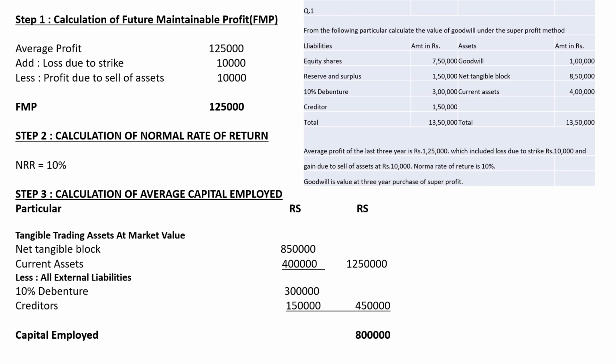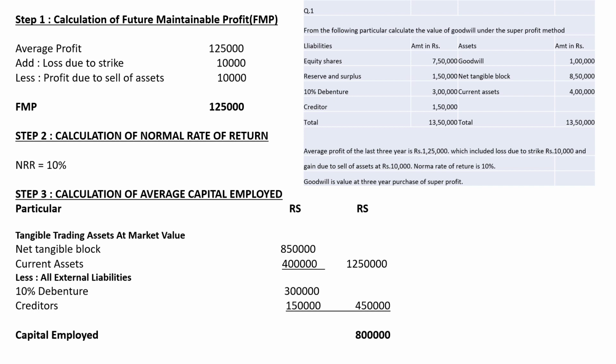The first step is calculation of future maintainable profit. We first have to calculate FMP, that is future maintainable profit. We first take the average profit which is given in the sum, 1,25,000. We add the loss due to strike, because they have deducted it and every year a strike will not happen.